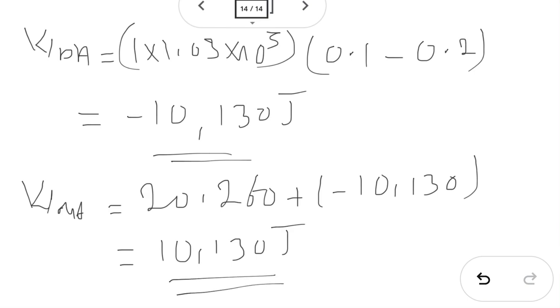So this is the total work output of the engine, or rather the work done by this engine.